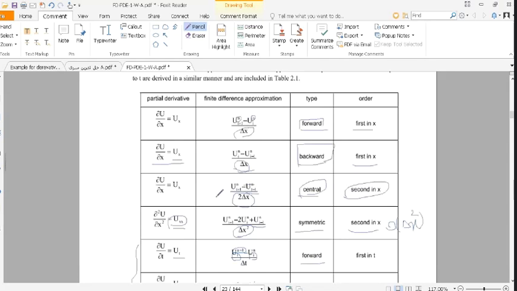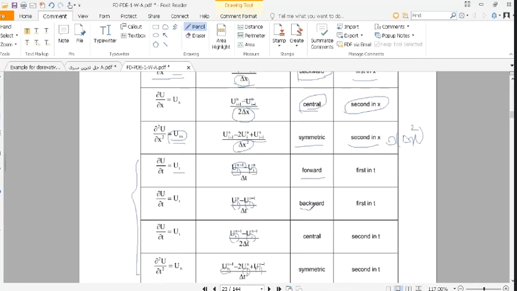Here. For derivative of u respect x, n is constant, but for derivative of u respect t, i is constant. For backward finite difference, for the first derivative of u respect t, we have u i n minus u i n minus 1 over delta t.